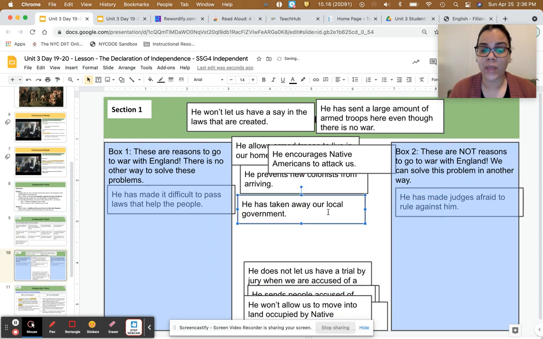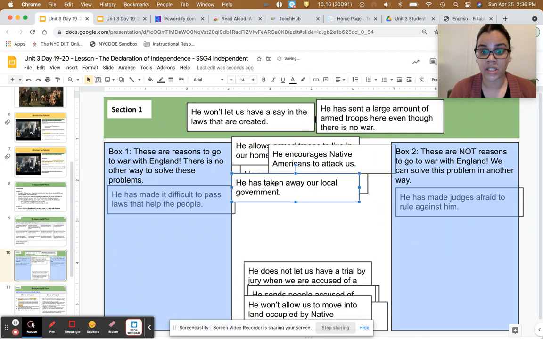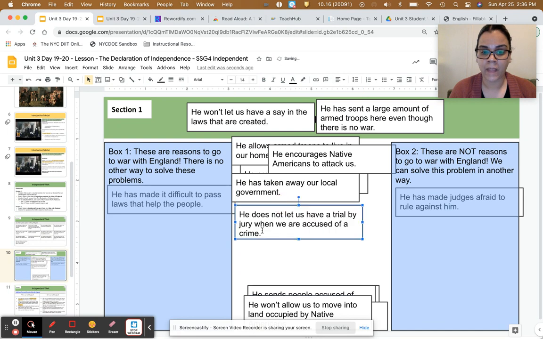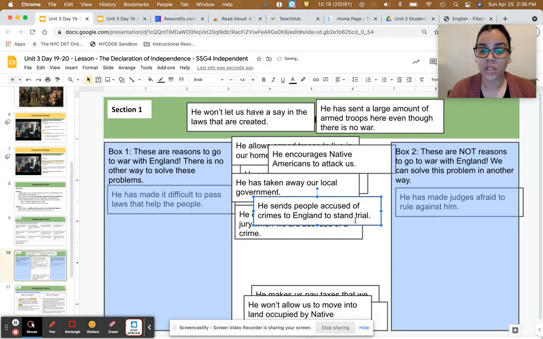He has taken away our local government. Remember the government that the colonists voted for? The king took that away. He does not let us have a trial by jury when we are accused of a crime. He sends people accused of crimes to England to stand trial instead of getting punished in the 13 colonies.